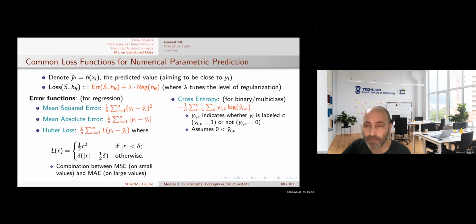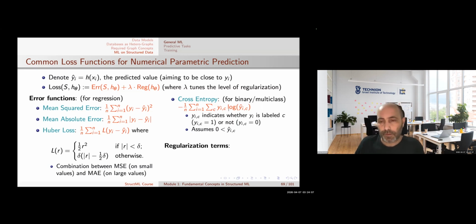And the real yic is 1 if yi is labeled c, and 0 if xi is labeled as something else. Okay, so assuming that this number is always positive, what we get is something that measures how different our prediction is from the original labeling using the KL divergence.